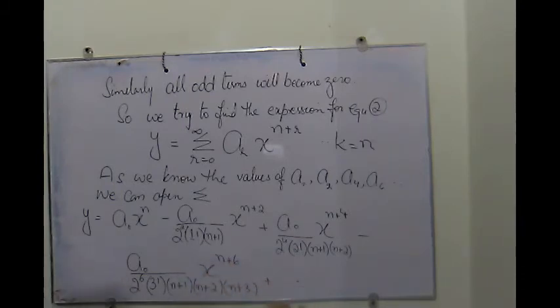Then you can see a repetitive pattern, 2 to power 2, 2 to power 4, 2 to power 6. The next term would be 2 to power 8, then 1 factorial, 2 factorial, 3 factorial, and the next term would have 4 factorial, then n plus 1, n plus 2, n plus 3, n plus 4. And x has value n plus 2, n plus 4, n plus 6. So the next term will get the value of x as n plus 8.